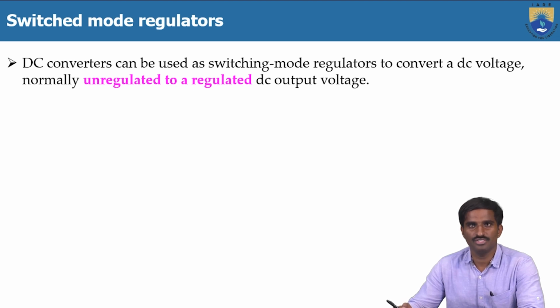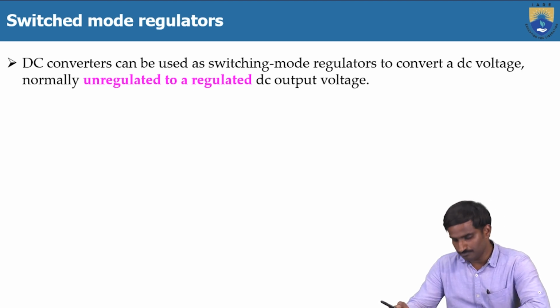This switch mode regulator is also a DC converter that can be used to convert a DC voltage, which is usually unregulated, to a regulated DC output voltage.